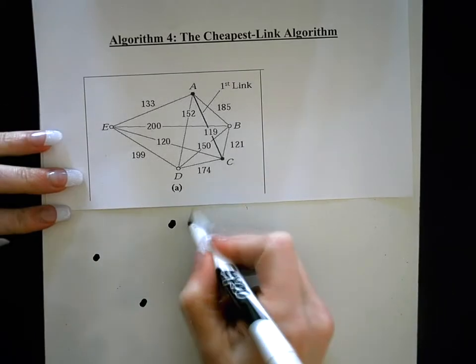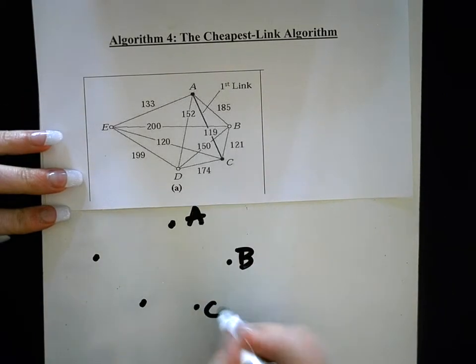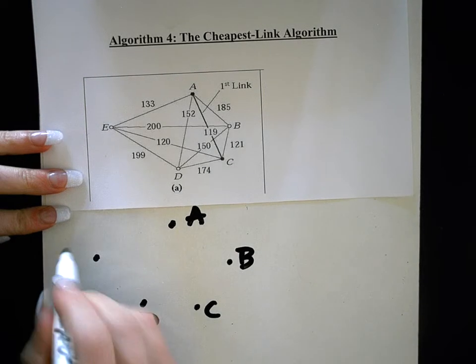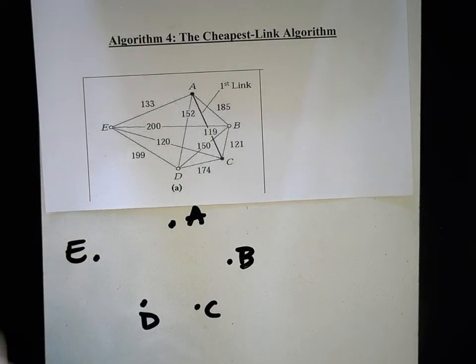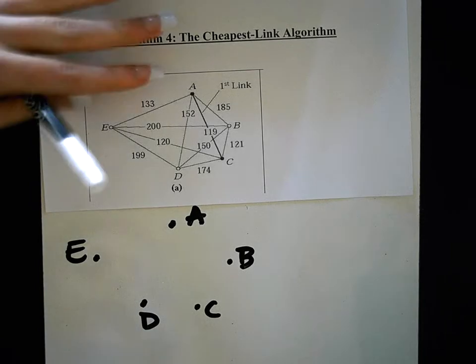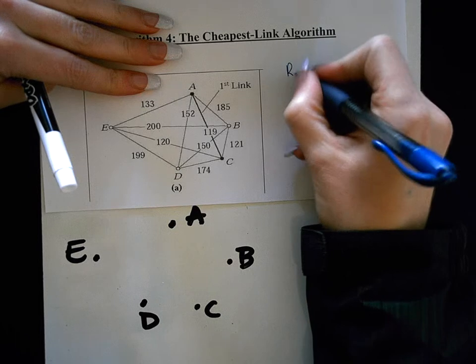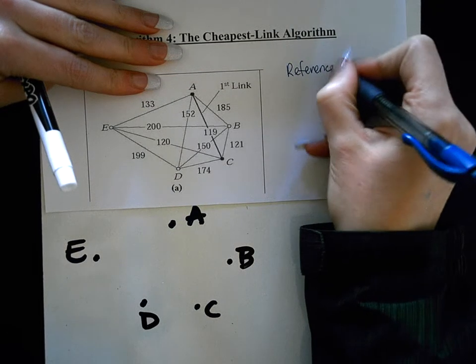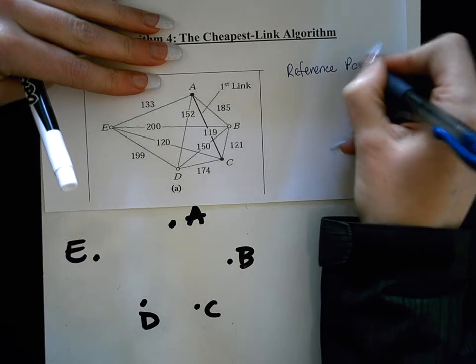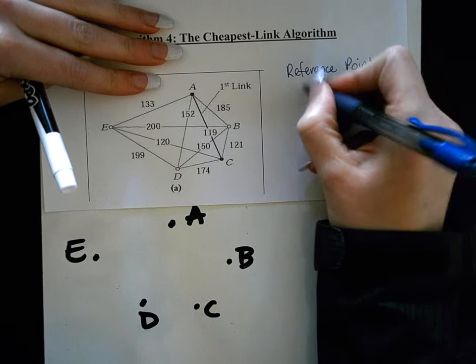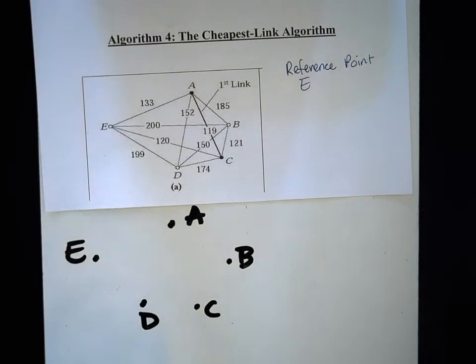There's A, B, C, D, and E. Our reference point for this problem is going to be E. So at the end of this, we're going to write it starting and ending at E.